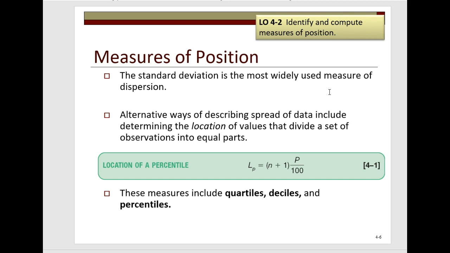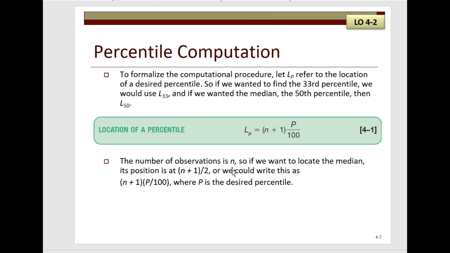So a quartile breaks something into 4 equal parts, deciles break it into 10 equal parts, and percentiles break it into 100 equal parts. And this equation here is how you would calculate the location of a percentile. So let's take a look at this percentile computation.